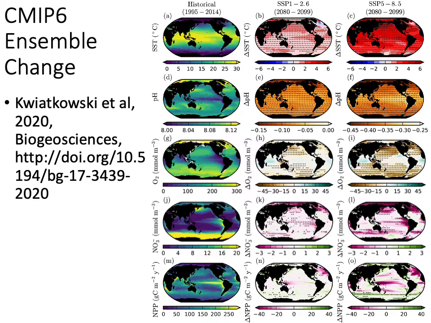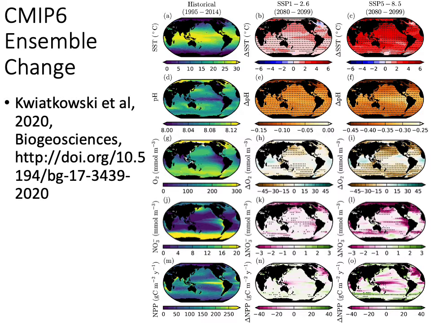That result is shown as a function of space here in this set of examples where the historical and SSP 2.6, a low emission scenario, and SSP 5-8.5, a high emission scenario, are compared as anomalies.